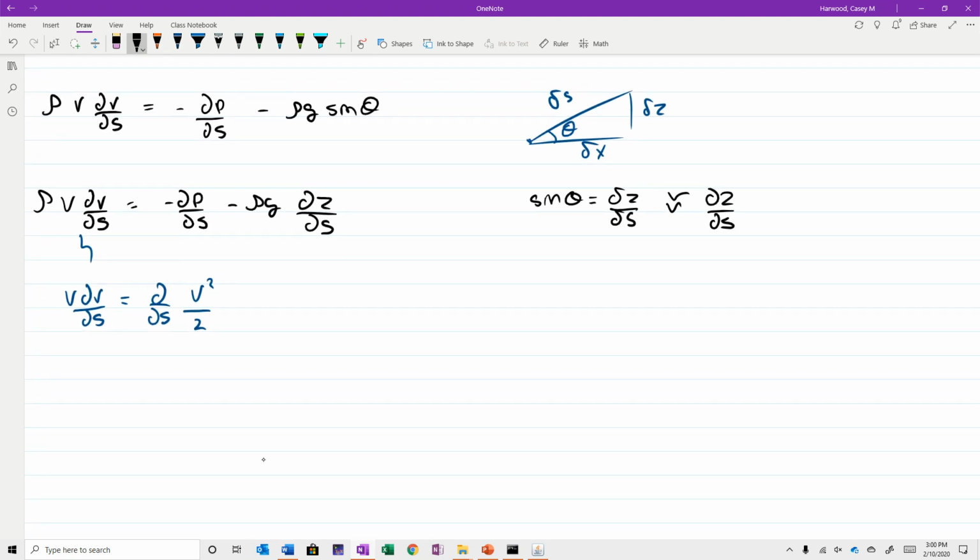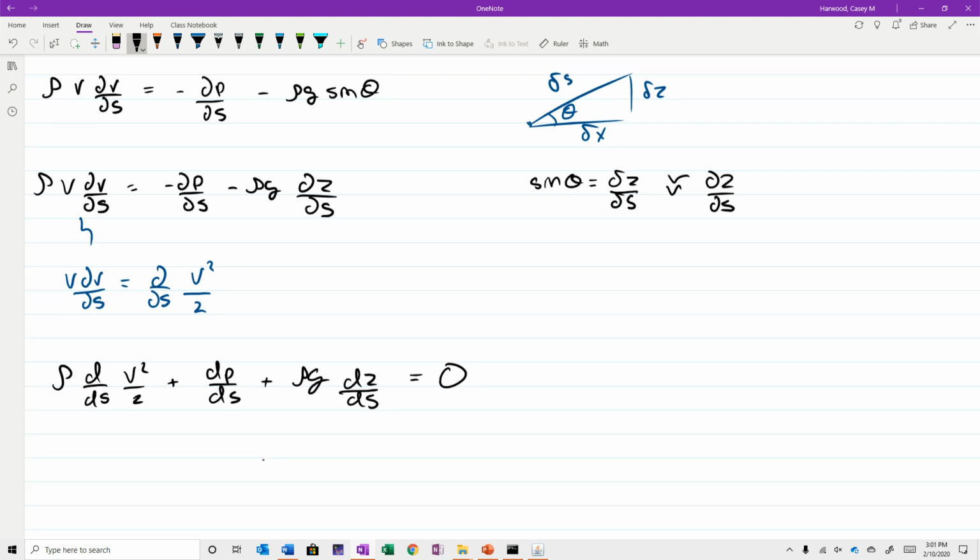And so our second to last way of expressing this is rho d ds of v squared over 2, plus dp ds, plus rho g dz ds is equal to 0.